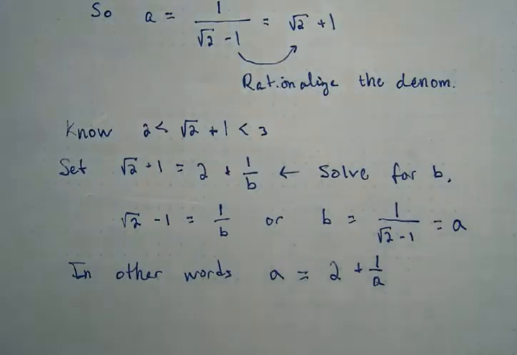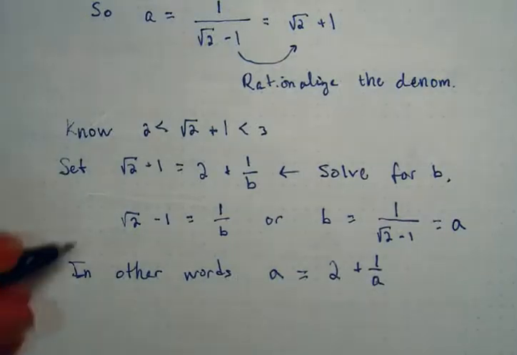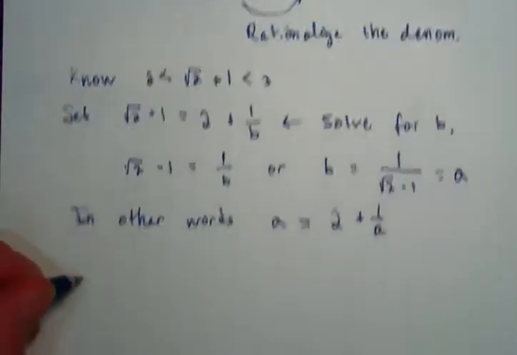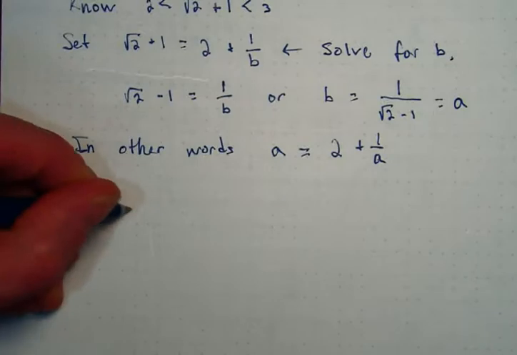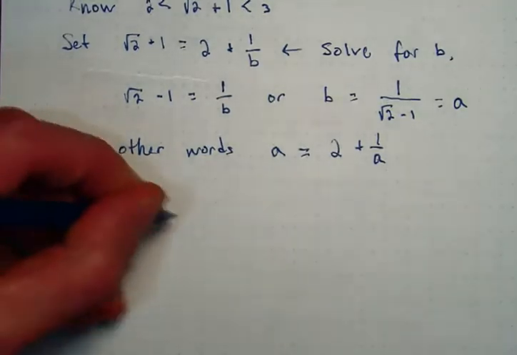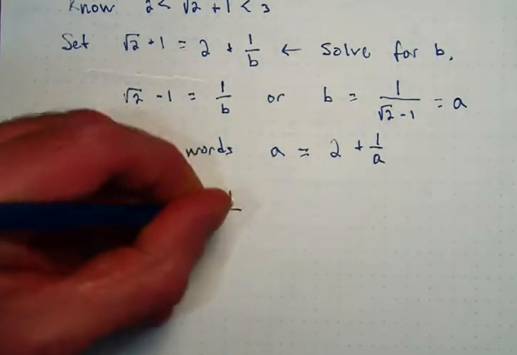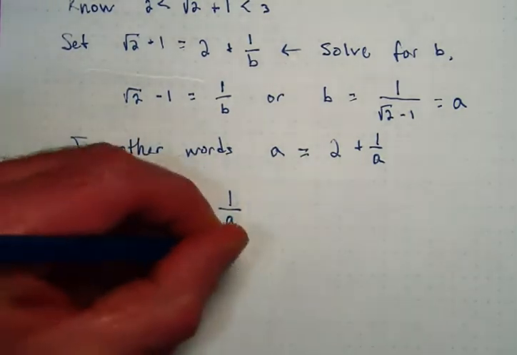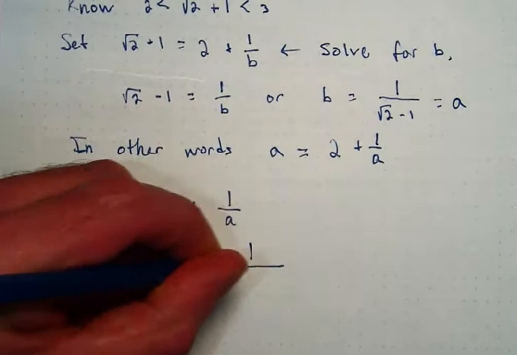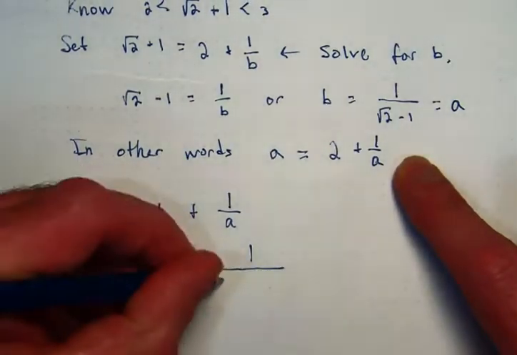All right, so if we were to build the continued fraction expansion of radical 2, I would start like this. I'd say, okay, radical 2 is equal to 1 plus 1 over a. But I know what a is equal to. a is equal to 2 plus 1 over a.